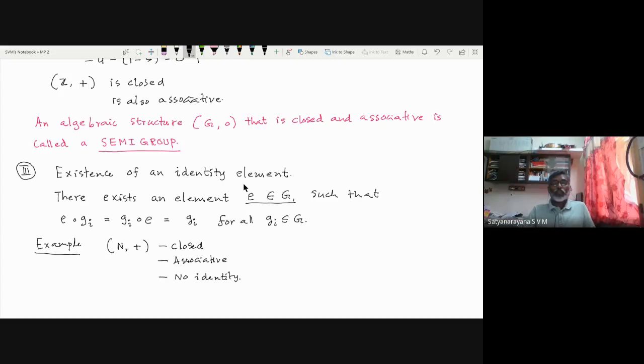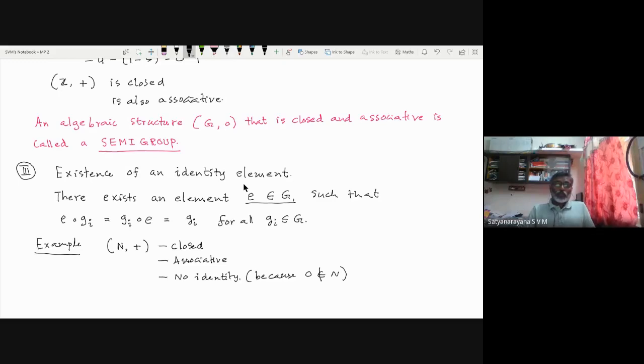There is no identity. Why? Because zero is not in N. Zero is the additive identity. You want to add any number to some element such that the number does not change, then it has to be zero. So this zero is not there in N, and hence there is no identity.